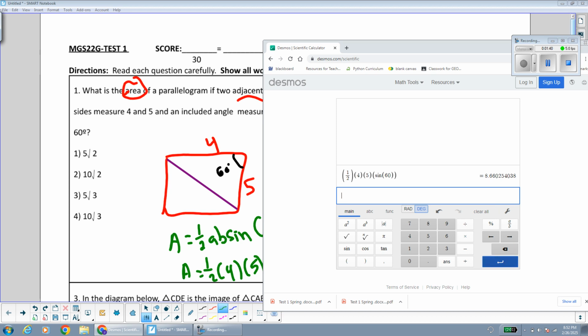And I'm going to try out the answer choices. Oh, wait, I forgot. It's not that because that's one of the triangles, and we need the whole parallelogram, so we need to double it.